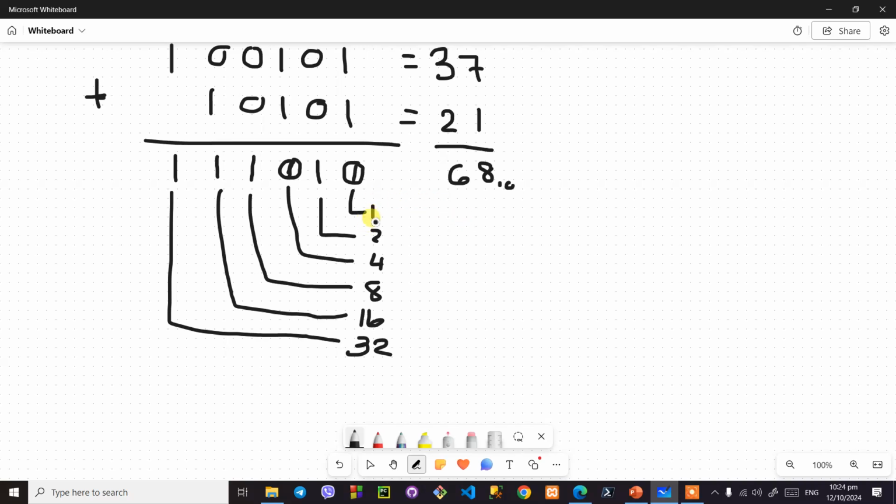So we just exclude from our numbers the 1 and number 4. Okay, so the next step is to compute 32 plus 16, then plus 8, then plus 2. Okay, so we have 32 plus 16, it's 48.